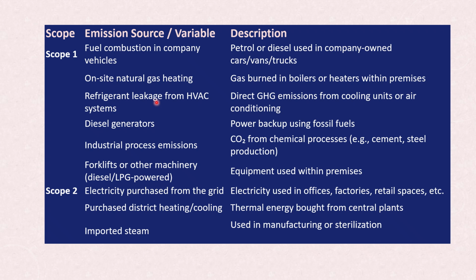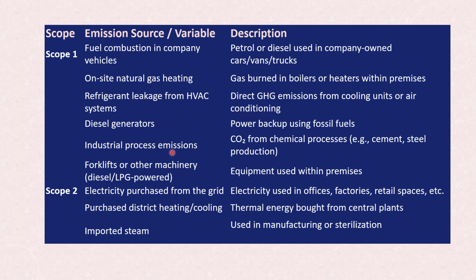Refrigerant leakage from HVAC systems comes under direct GHG emission from cooling units or air conditioning. Diesel generator power backup using fossil fuel is a direct emission.